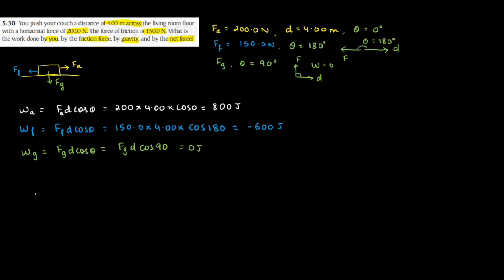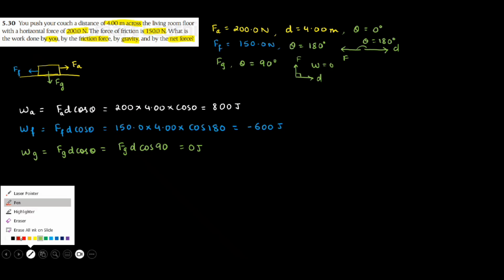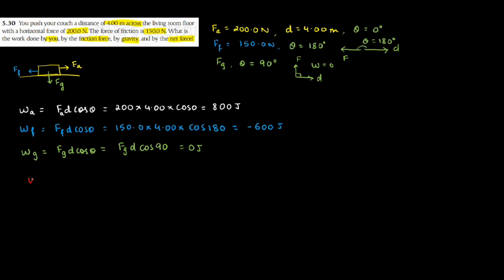Then they want me to find the work done by the net force. There are two ways of finding that. I calculated the work done by each of the forces, so we can just calculate the net work by adding the work done by each force. Work done by U plus work done by the force of friction plus work done by gravity.